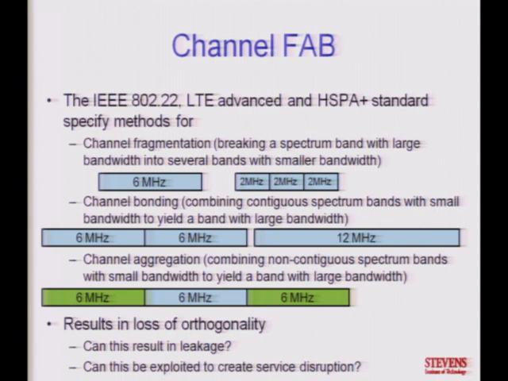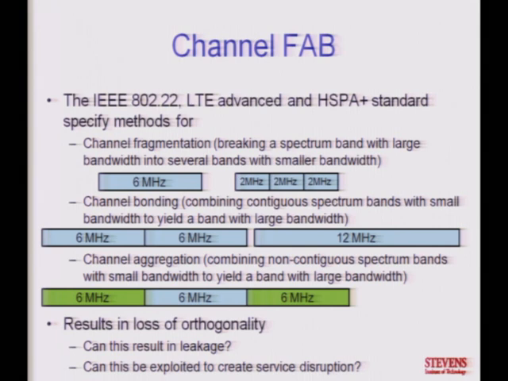And this is not just specific to cognitive radio networks. Even the LTE and HSPA+ networks define fragmentation, aggregation, and bonding. The LTE and HSPA really don't talk about fragmentation, they only talk about bonding. Pretty much bonding. They do define aggregation, but it's not used that much. Now, why does this cause a leakage?